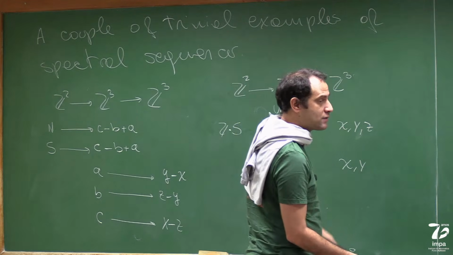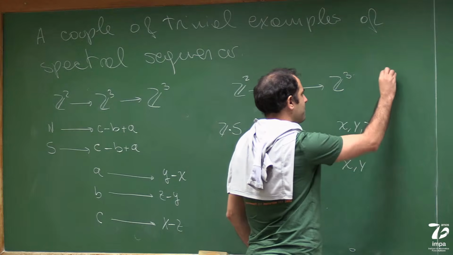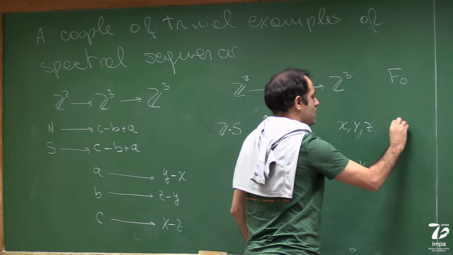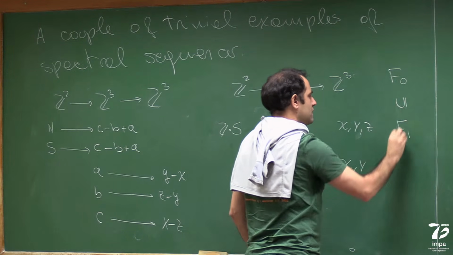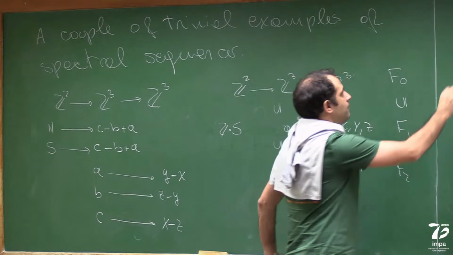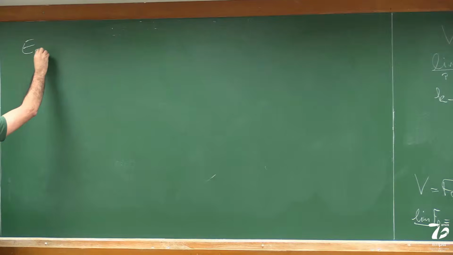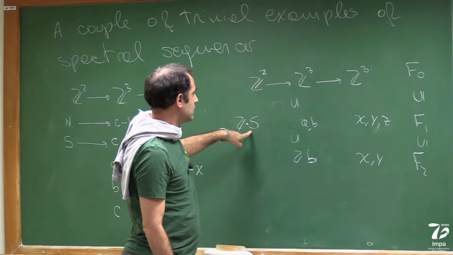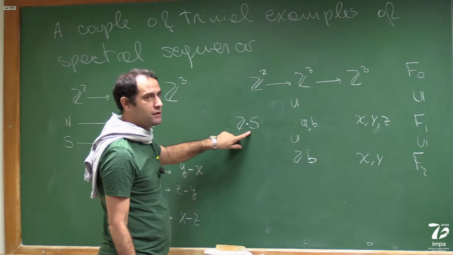What is the associated graded with respect to this guy? So this is F0. This is F1, which is included. This is F2, which is included. So what is the E0 page? Well, this is the associated graded, so it's F0 divided by F1. Looks like I have Z here.